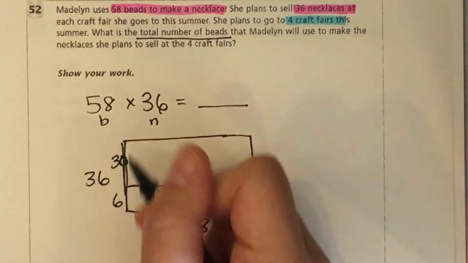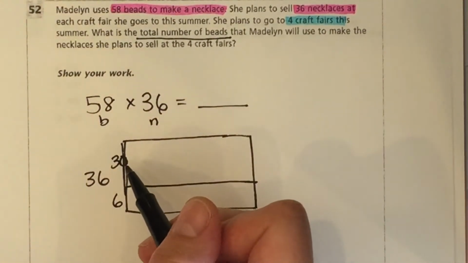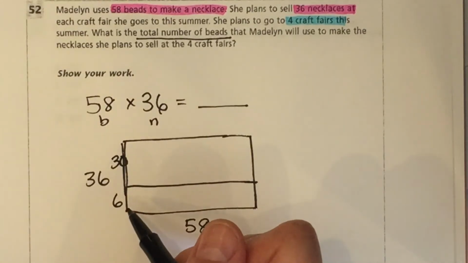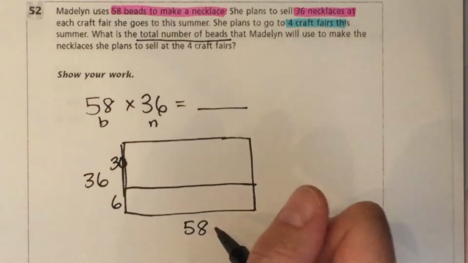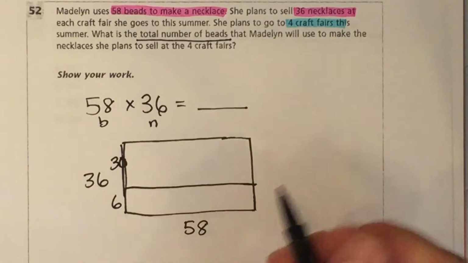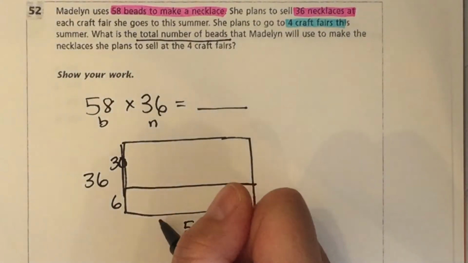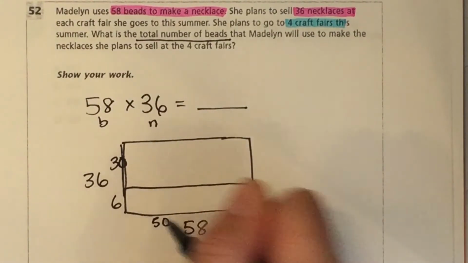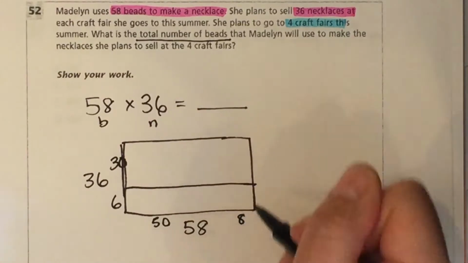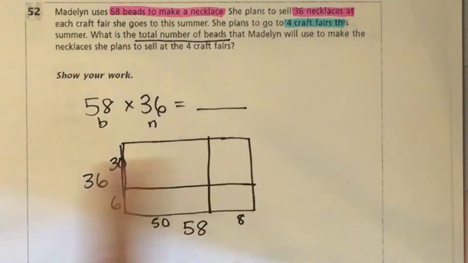This side length is still 36, even though now I have 2 pieces. One's a 30 and one is 6. Now this side, 58, I'll break it up into 50 and 8. Now it doesn't matter that my rectangles are not proportional to the size. It just matters that I have the pieces that I can now label.